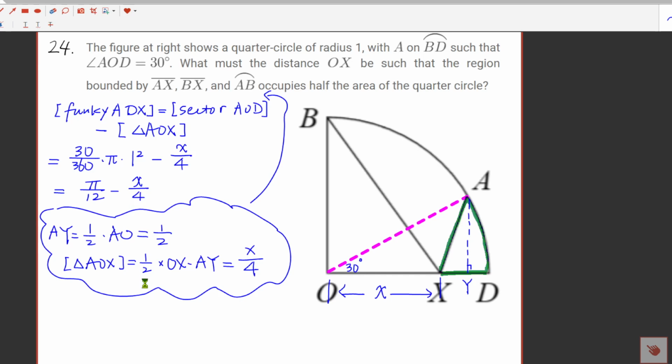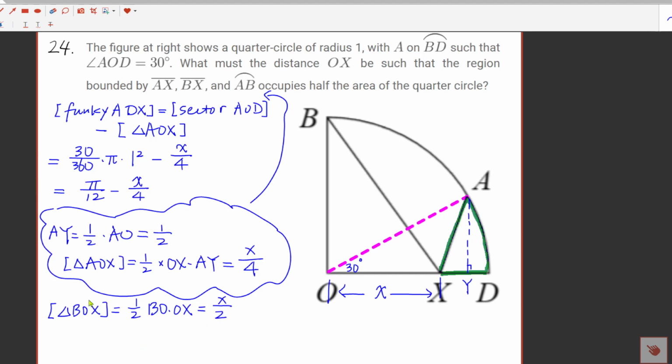This plus the area of triangle BOX must equal half the area of the quarter circle, right? The area of the triangle BOX can also be expressed in terms of x, right? So this is 1/2 of BO times OX, which is x over 2.